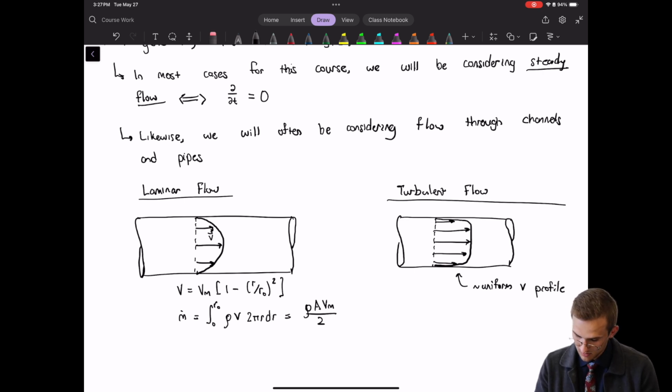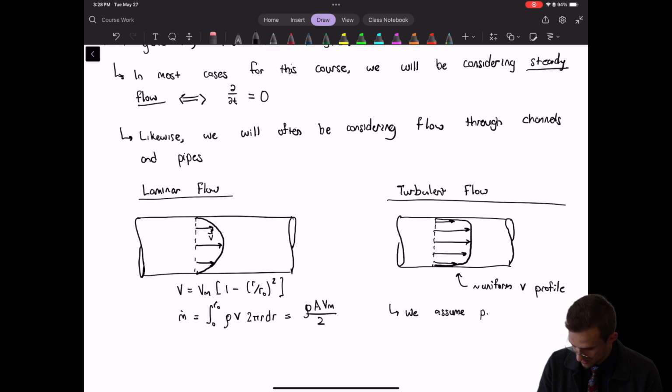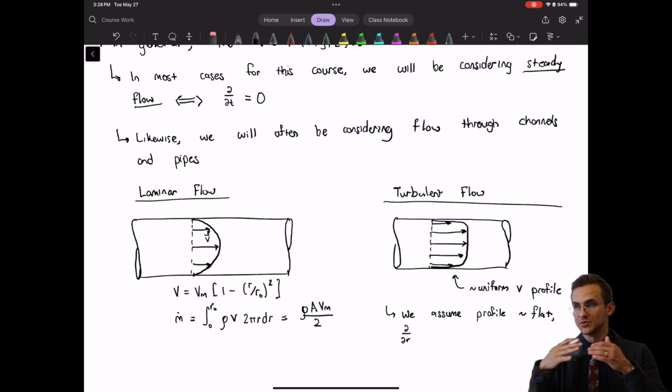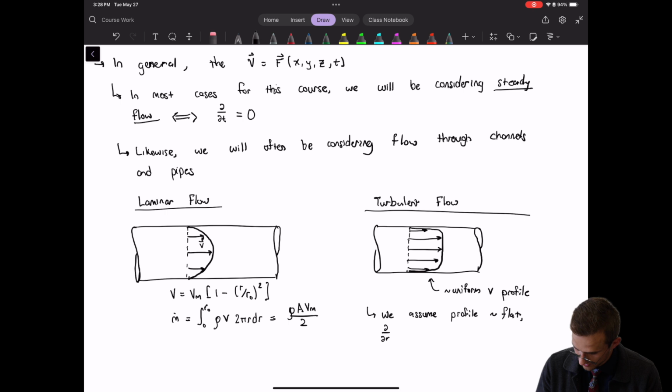So we assume that the profile is approximately flat, and what that means is that the partial derivative with respect to r, as you move in the radial direction, and the partial derivative with respect to theta are both 0.